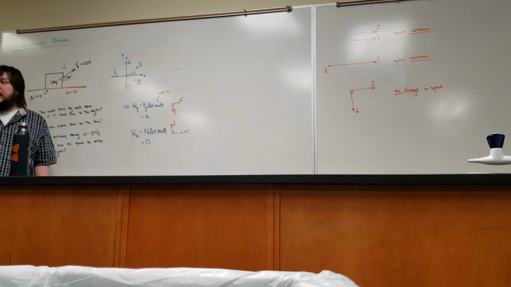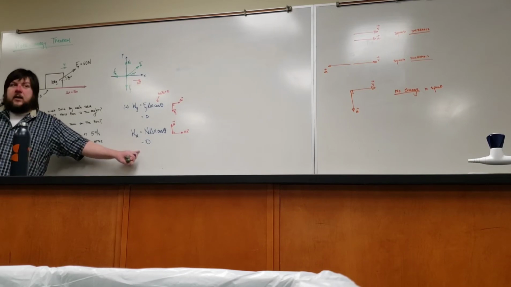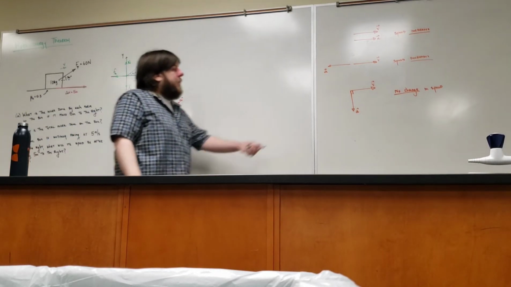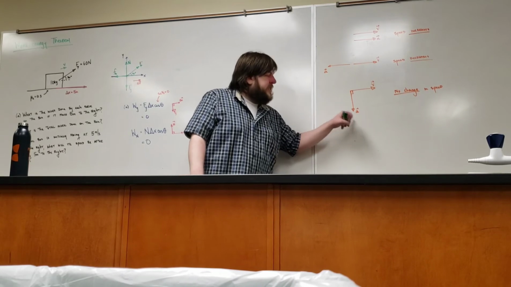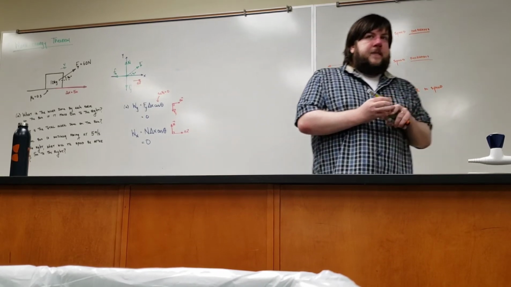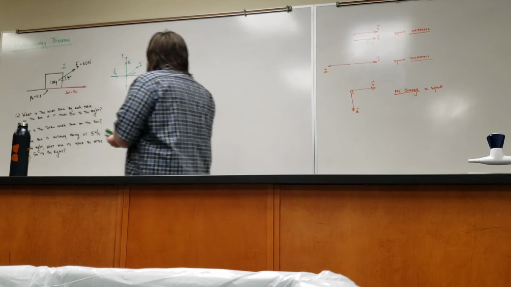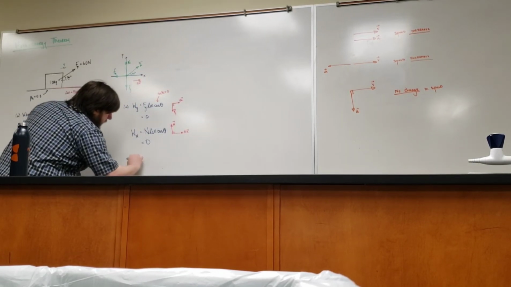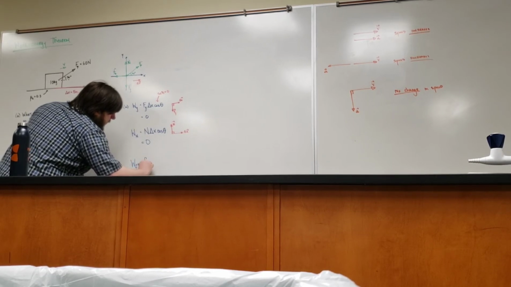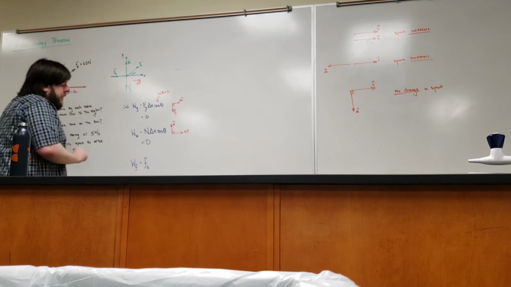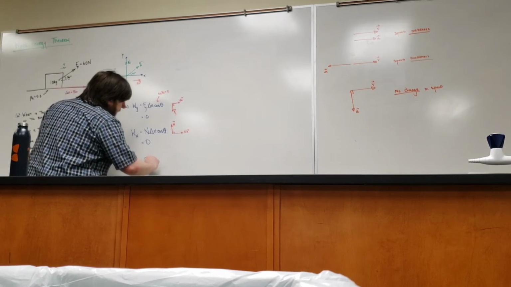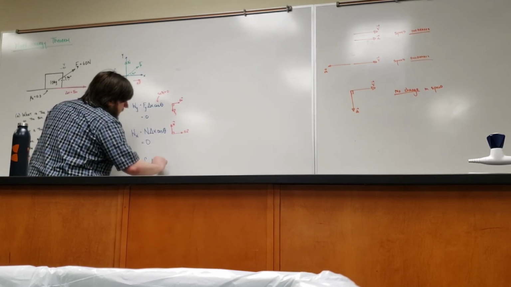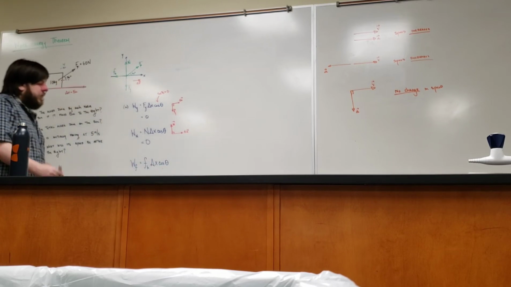Is this what you guys should expect? Yes, because once again, the normal force should fall into this situation. Okay? Now, what about the work due to friction? This is the magnitude of kinetic friction times the magnitude of the displacement times cosine of the angle between them.